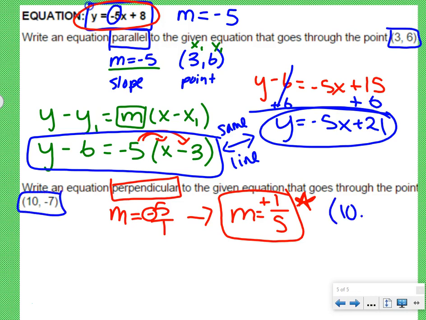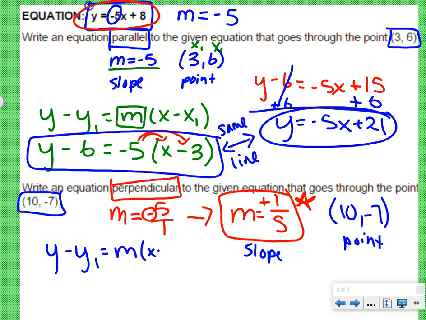So again, I'm looking at the information I have. I have a point. I have a slope, which means point-slope form is going to be the best way to write this equation. So we set up the generic version of point-slope form, y minus y1 equals m times x minus x1.